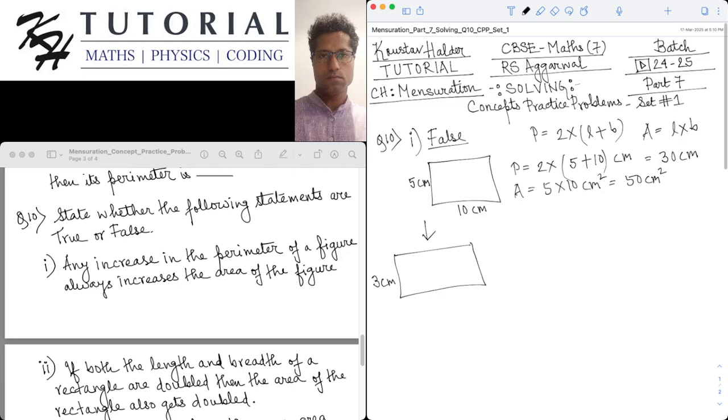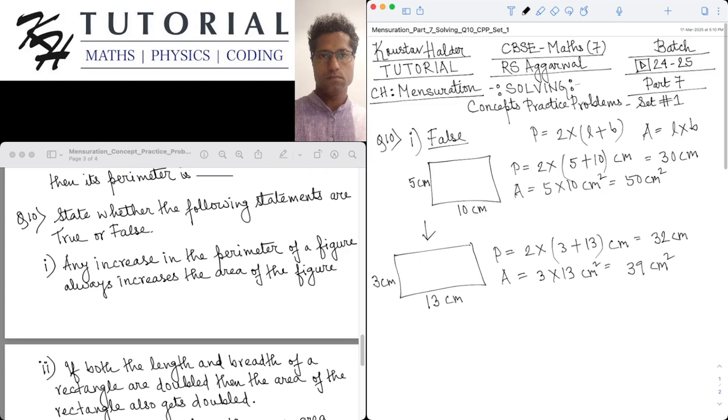So let's say I have decreased breadth by 2 centimeter, and I will increase the length by 3 centimeter. Now you see the perimeter is 2 into 3 plus 13, which is equal to 32 centimeter. So perimeter has increased, but what about the area? The area is 3 into 13 centimeter square, which is equal to 39 centimeter square.